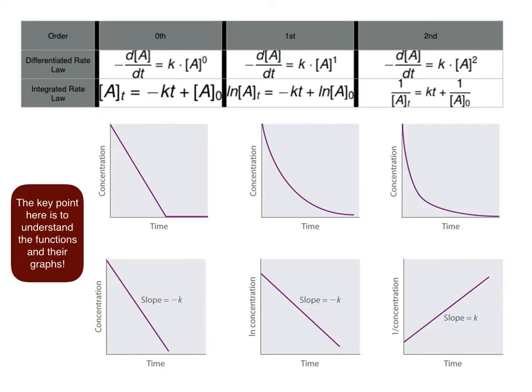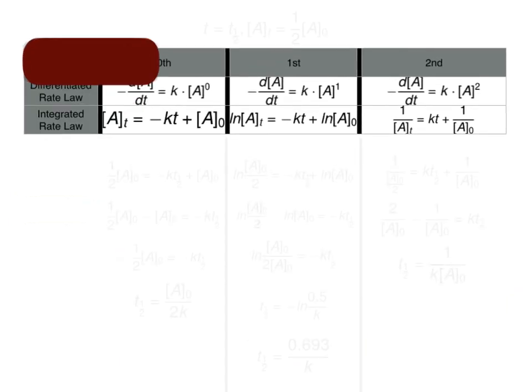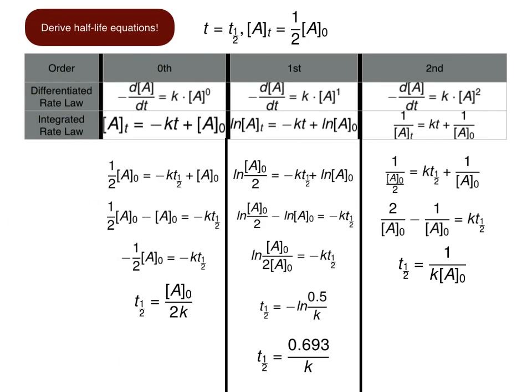The purpose of these relationships is so that when we are given particular data sets, the order of the reaction might be deduced and the rate law can be determined. One last set of equations that we will derive is associated with half-life, the time it takes for a reaction to arrive at half the original concentration.